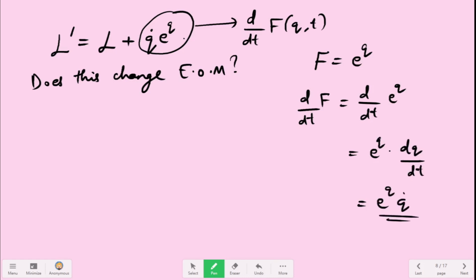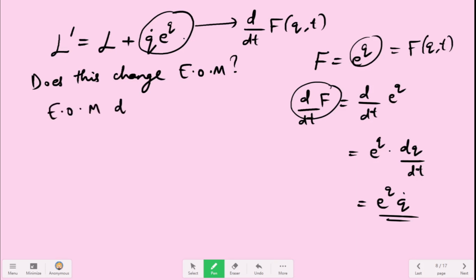Therefore, we can write q dot e raised to q as the total time derivative of some function which is a function of q and t only. E raised to q is a function of q and t only. Therefore, this is a gauge transformation of Lagrangian, and this means equation of motion does not change.